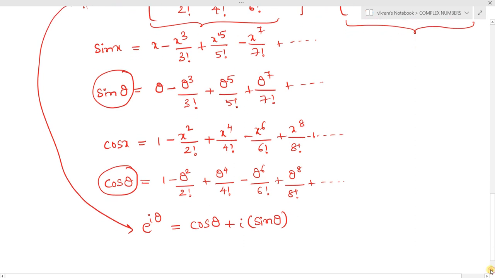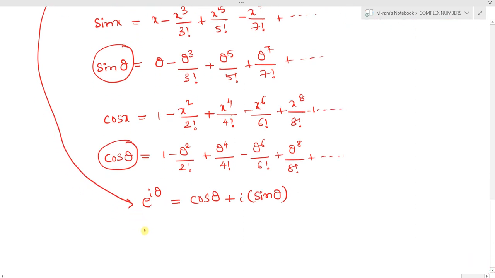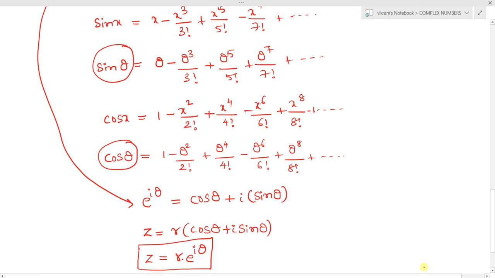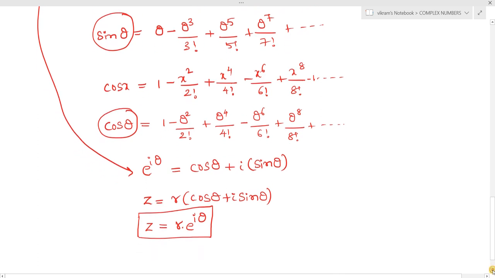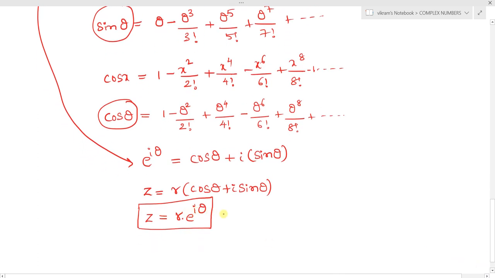So from Euler's formula, we have a complex number z equals cos θ plus i sin θ. Euler introduced that cos θ plus i sin θ can also be written as e power iθ. In exponential form, every complex number can be represented as z equals r into e power iθ, which is Euler's formula.